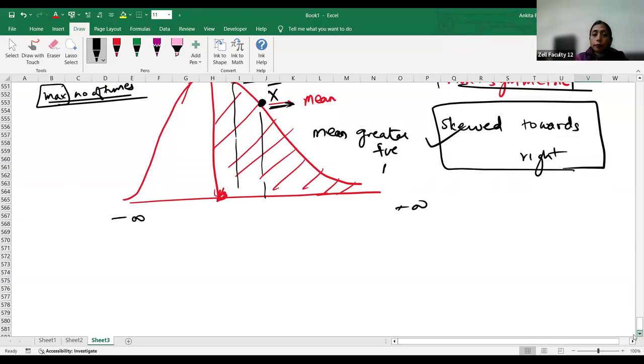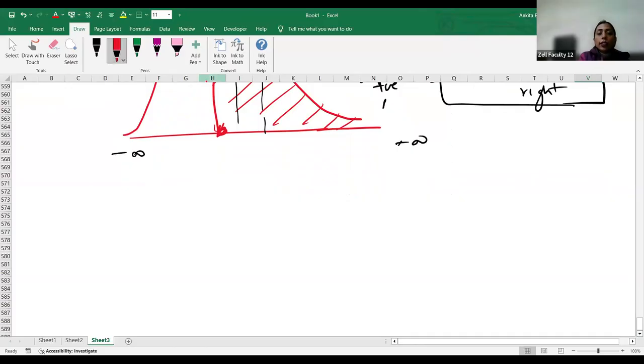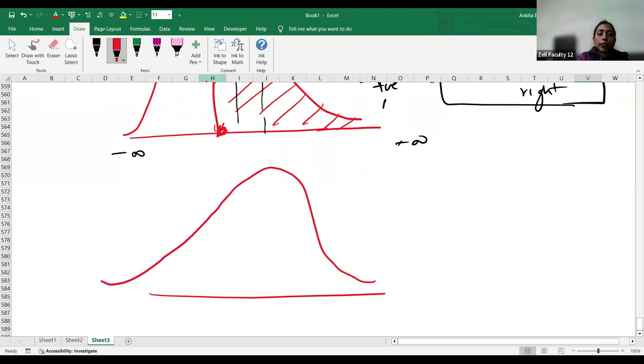Similarly, take this thread again. Now I want you to pull the thread towards the left. The thread would go like this. Now the top point would become your mode, somewhere here you'll have your median, and here somewhere your mean.